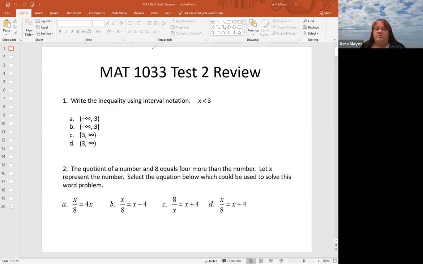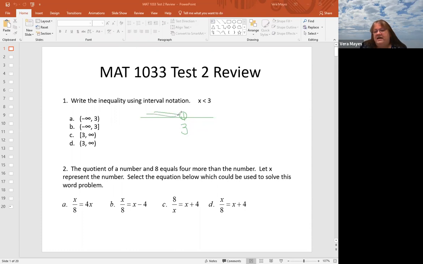One of the ways I like to do this is to think about what my important number is. Okay, 3 is my important number. There is no equal bar underneath this sign here, so for now, I'm going to put an open circle, not a closed circle. And this says x is all the numbers less than 3.